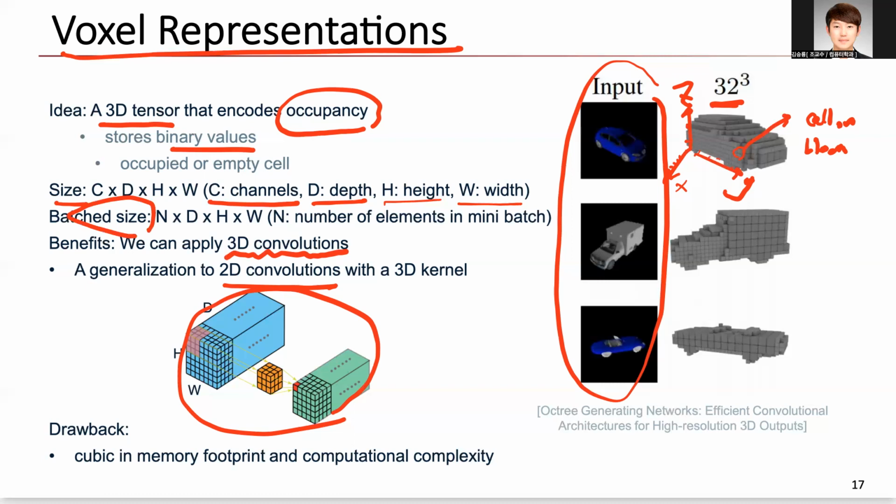If we want to divide this tensor into batches, I mean N batches, it's going to be N by D by H by W if we ignore the channels. But usually, in the general case, we have the channel in the voxel representation. If we just set C equal to 1 and we have N batches, the size of this voxel representation is going to be N by D by H by W.